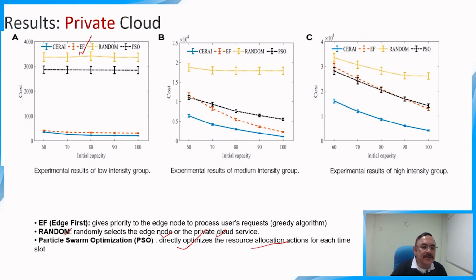So, here you can see the experimental results of a low intensity group. What you will find here is the cost is being reduced using edge first. It is quite effective in all the cases.